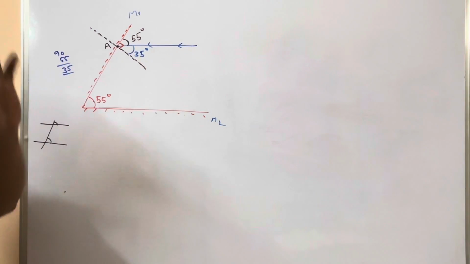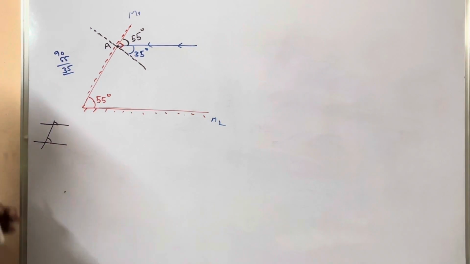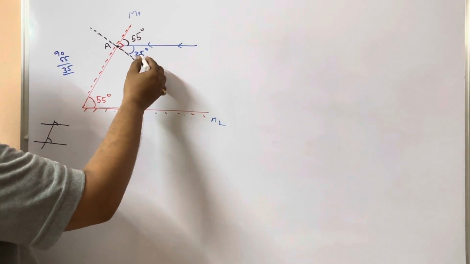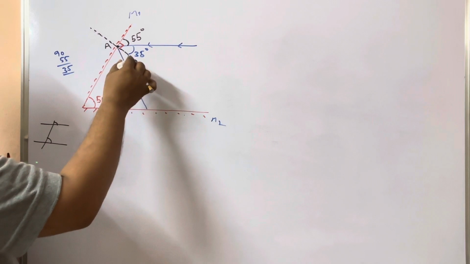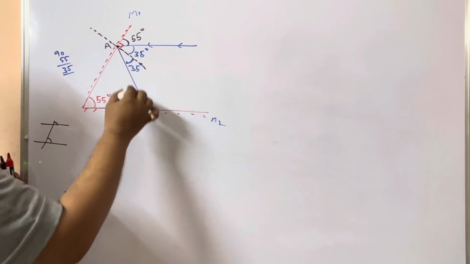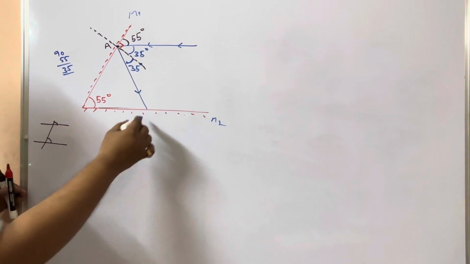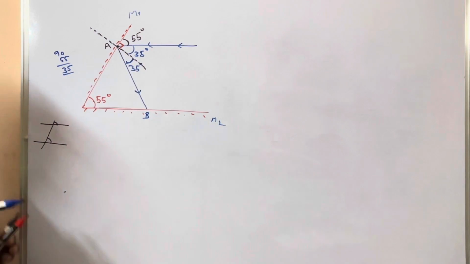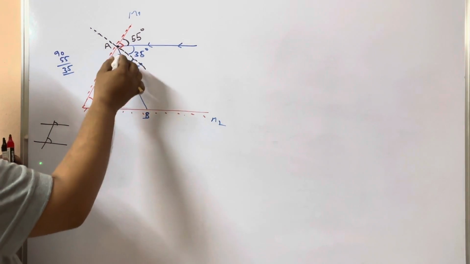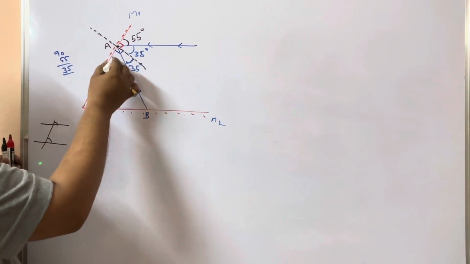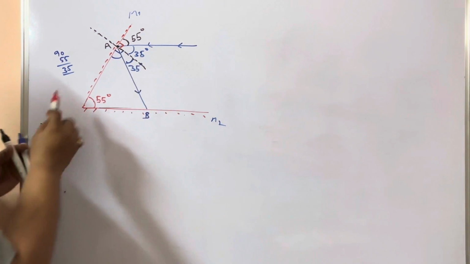So 35 plus 55 is 90. So this is 35 degrees, which means the angle of reflection also is 35 degrees, because angle of incidence equals angle of reflection. This is B, you can use. If it is 35 degrees, then because this is 90 degrees, this is again 55 degrees.